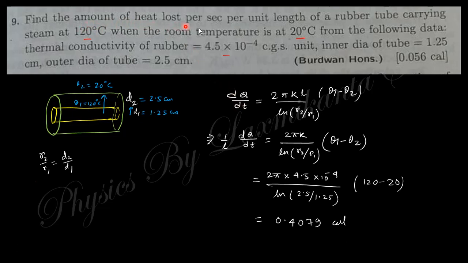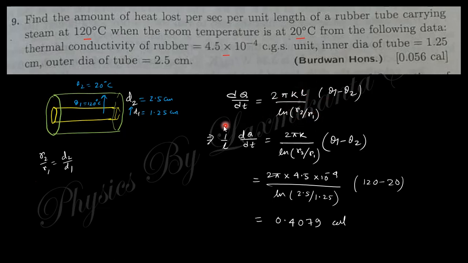Find the amount of heat lost per second per unit length of a rubber tube carrying steam at 120 degrees centigrade when the room temperature is 20 degrees centigrade. The rubber conductivity, inner diameter and outer diameter are given. You know this is the formula for the rate of heat per unit time: 2πkl(θ1 − θ2) by ln(r2/r1).